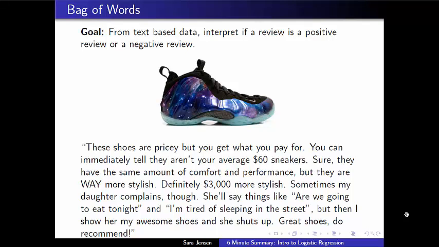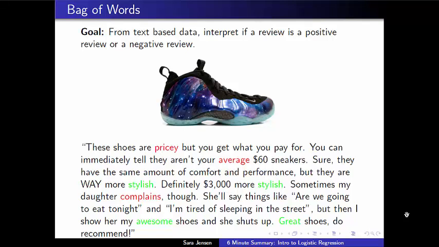So our bag of words model started by parsing through the text for words that we identified as positive and words that we identified as negative. I've highlighted in this review the only words that we would pay attention to, with the negative words highlighted in red and the positive words highlighted in green.